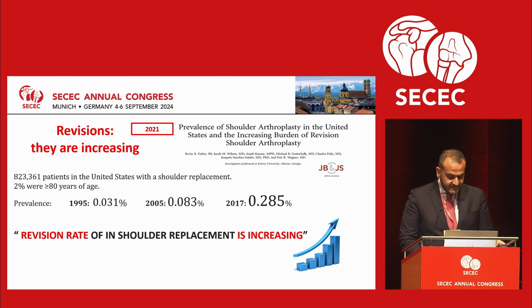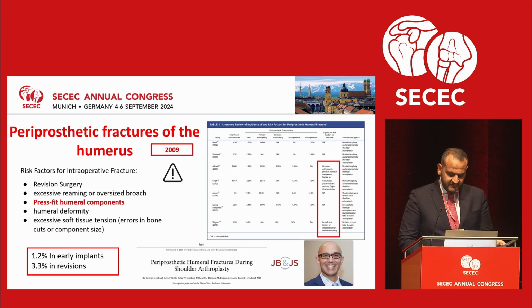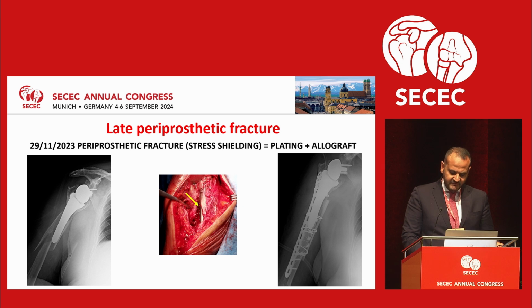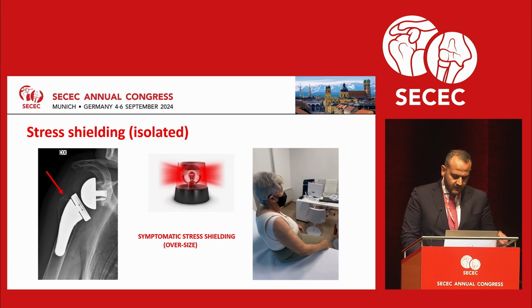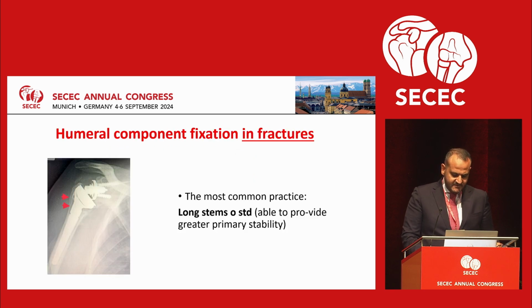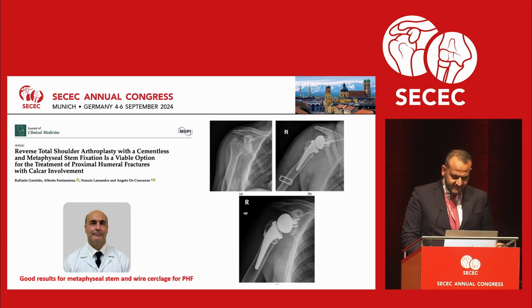Revision rates are increasing in recent years because of periprosthetic fracture, especially with press-fit humeral stems, as intraoperative fracture or late periprosthetic fracture caused by stress shielding in an oversized stem. Short stem or long stem, who wins? The most common practice is the long or standard stem.